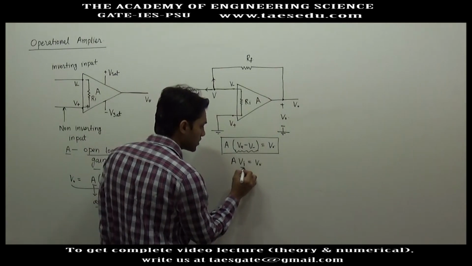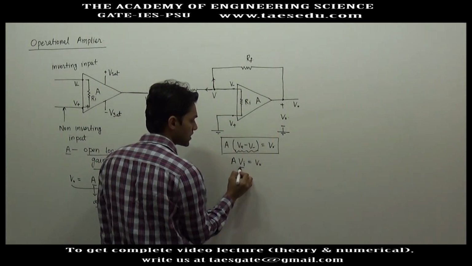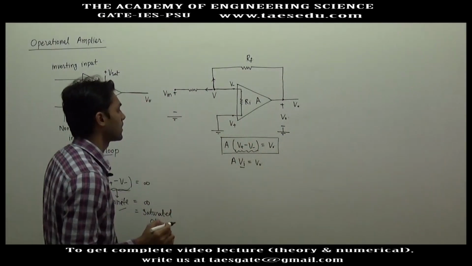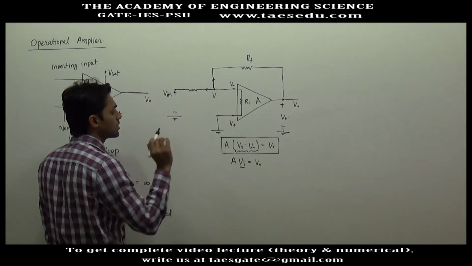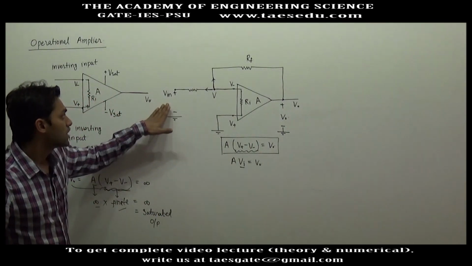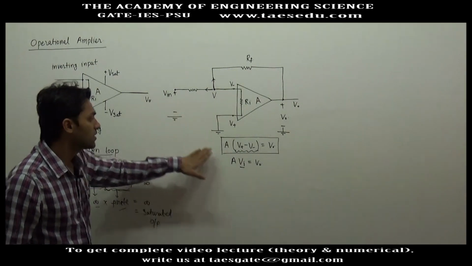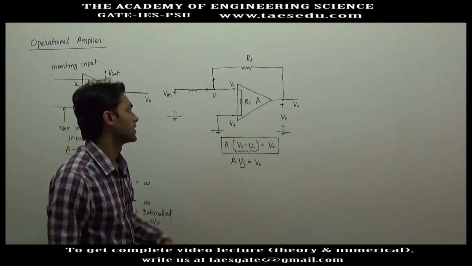One input is the one which comes to the op-amp, which we will represent as Vi, and there is another input which is the main input to the system. I will represent the main input as Vin and the input to the op-amp as Vi.